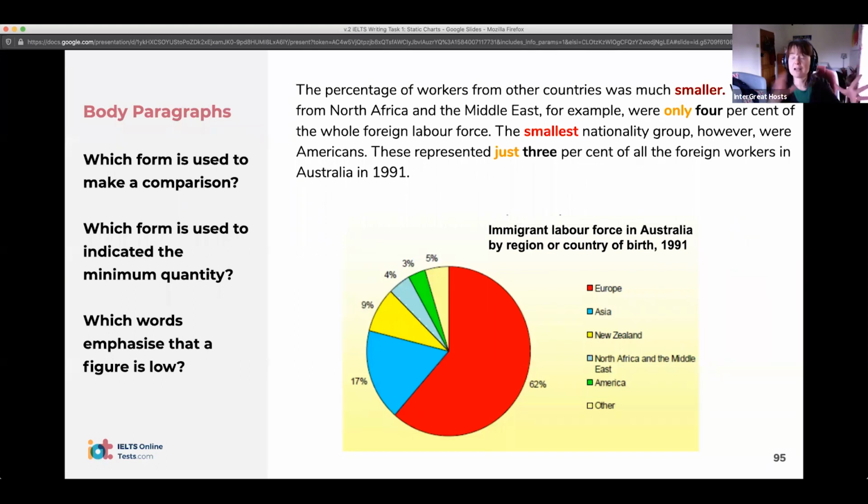So the approximate language, and also that language that means it's very, very small. You can just use the percentages, but you will get a better mark at vocabulary for using fractions. That's just how it is. And again, we've got some paraphrasing here. So we've got labor force, we've got workers, and we talked about workforce before.